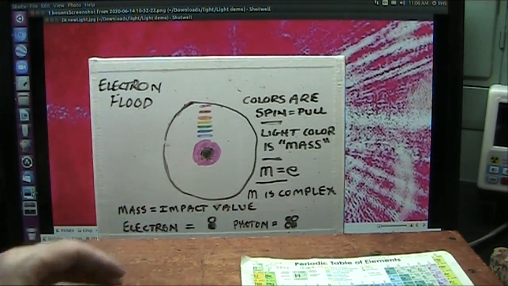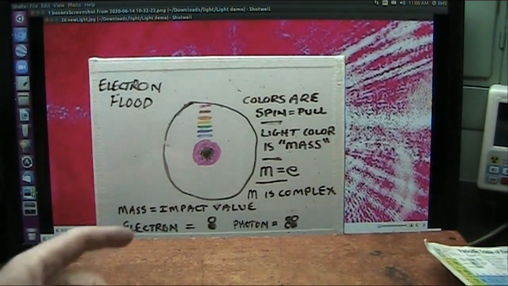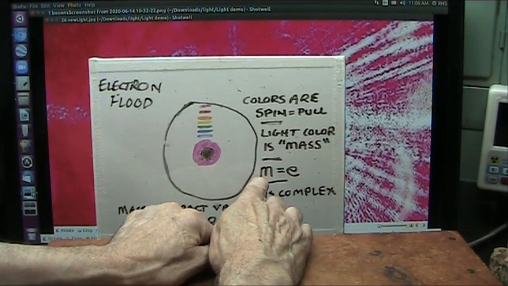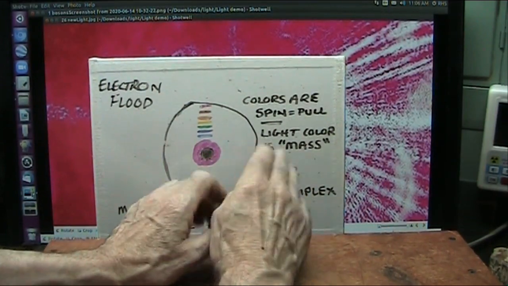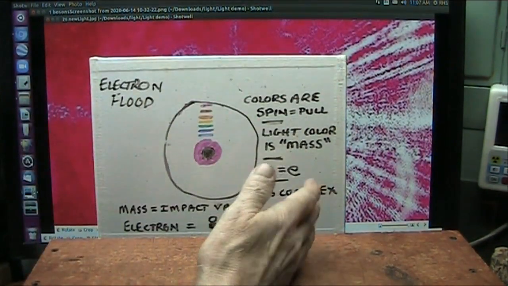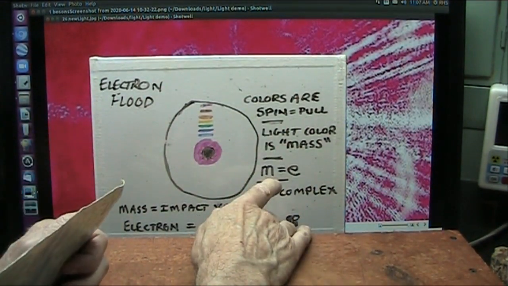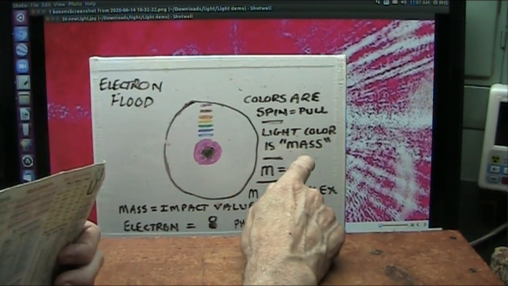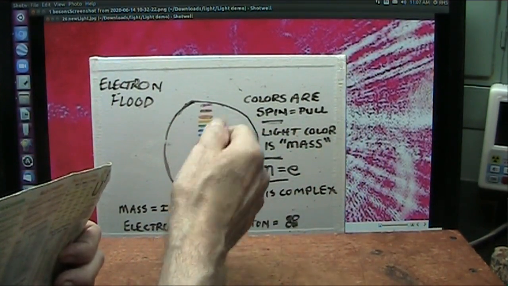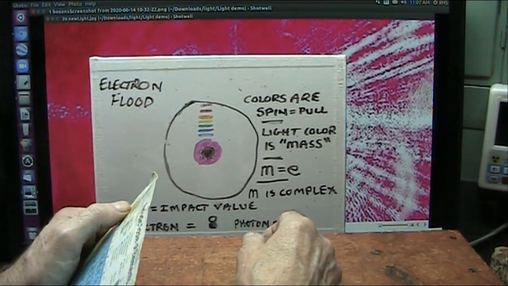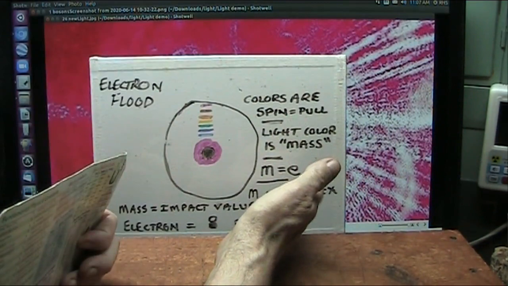But what it's down to now is that E equals mc squared. No, it's mass is energy. Mass equals the energy. All right, so back to this again. Mass is energy. Light is the color of the mass. How fast it's spinning and going through the air, impacting with all the molecules in the air, gives you the light.